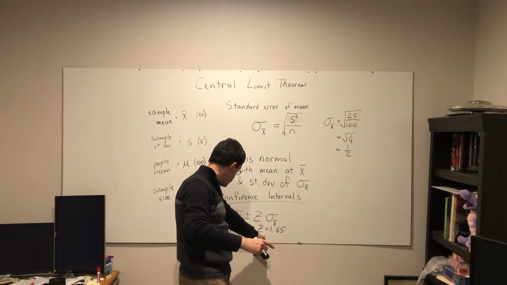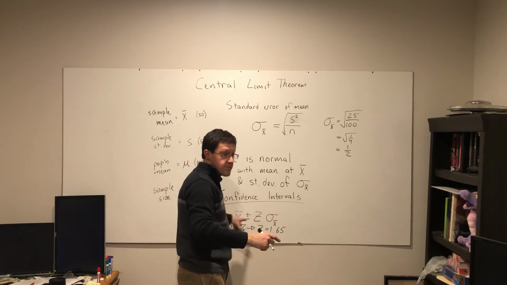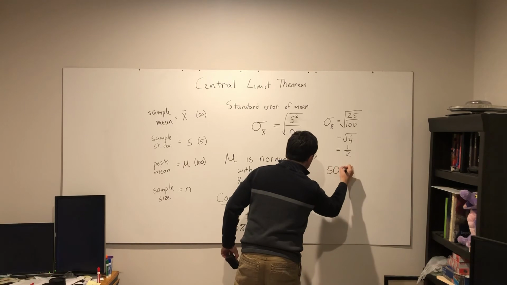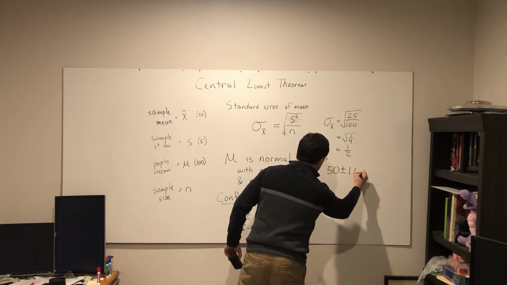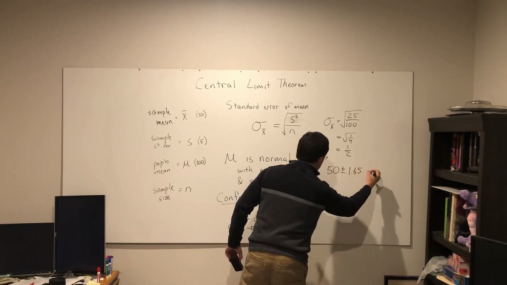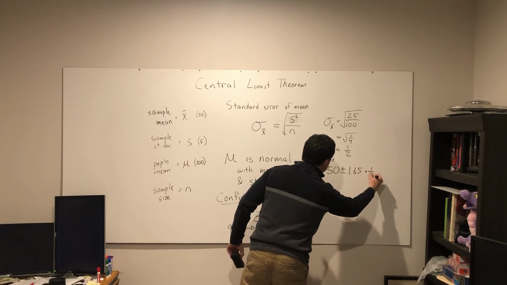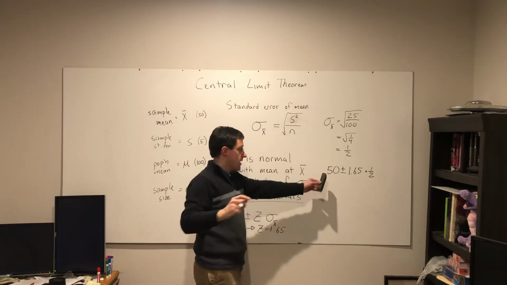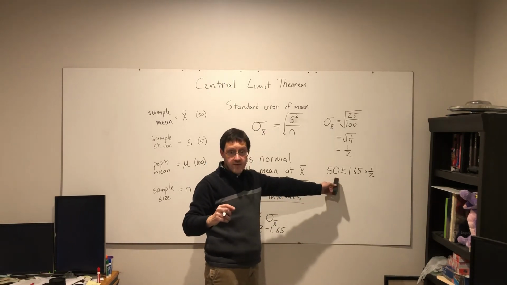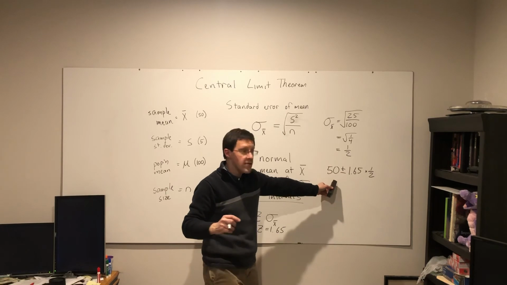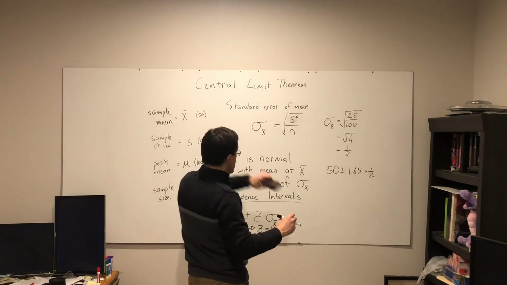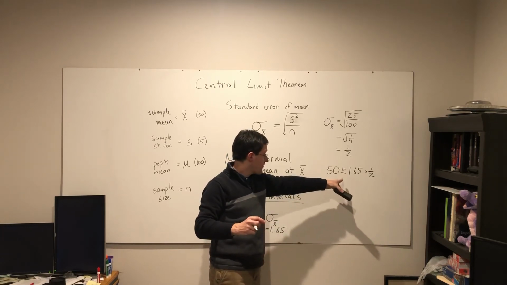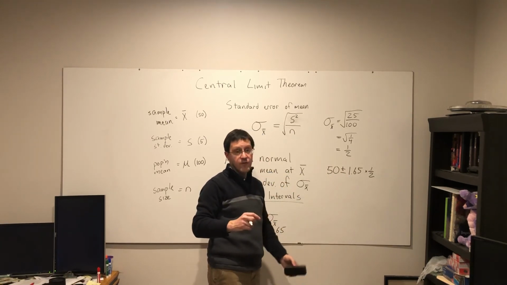So I come here and I say now, based upon my sample, I know there's a 90% chance that the population mean is going to be within 50 plus or minus 1.65 over 2.